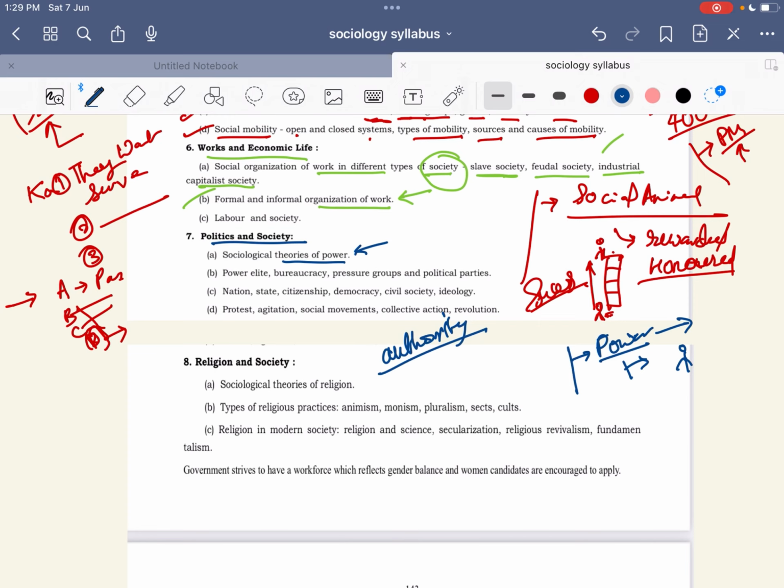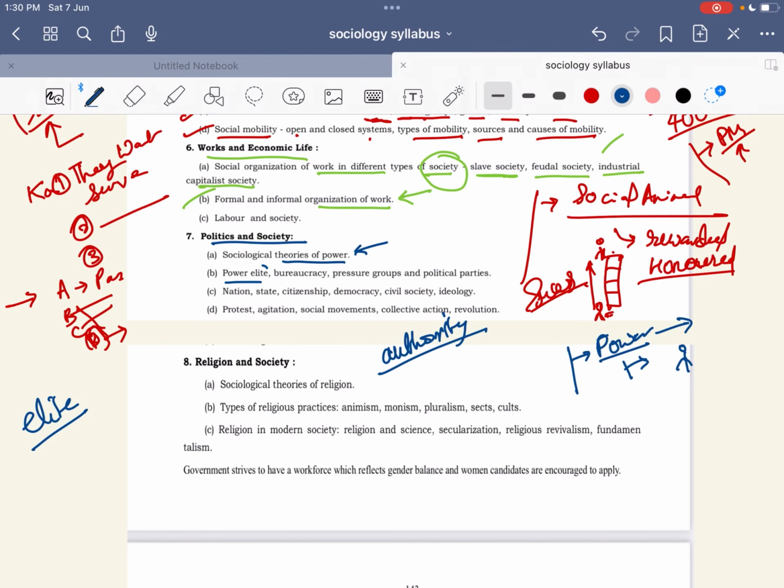Because some jobs or some work require authority, without which they cannot be completed in a good manner. So it is very important that you think about why UPSC has included in the syllabus the sociological theory of power. Understand? Then there is the power elite. If you don't even know power elite, then you know elite, what is an elite? Elite means what? Elite class, rich class, bureaucratic class, meaning those who have privilege, and where there is money, power always comes with that money.